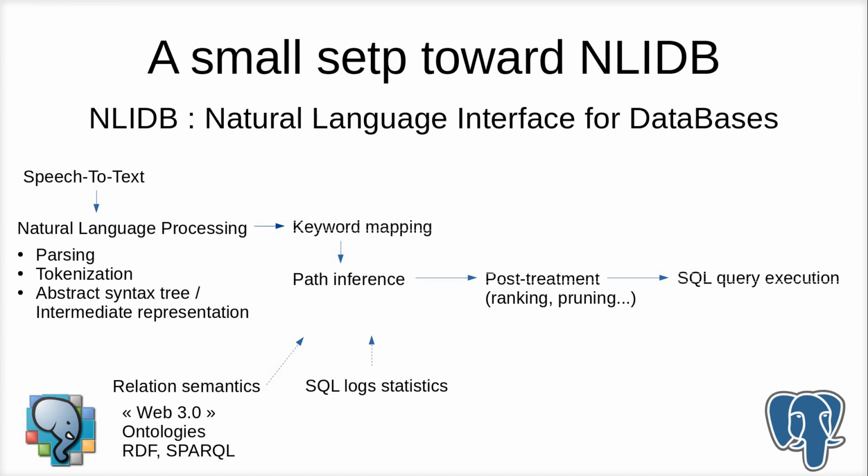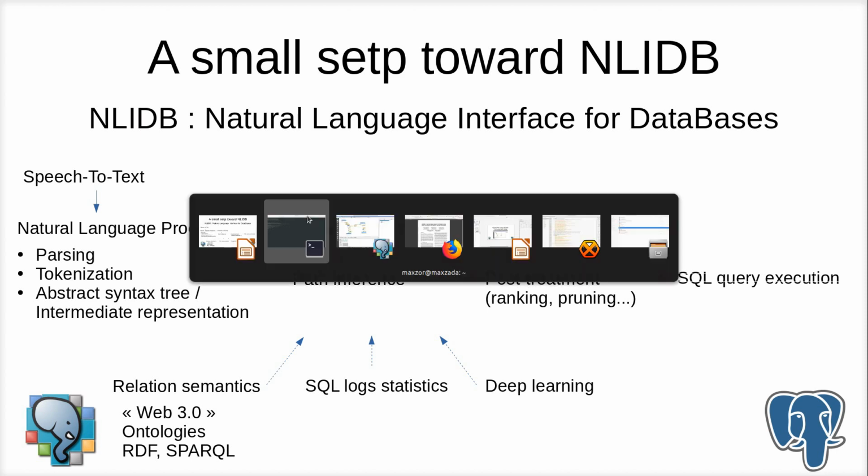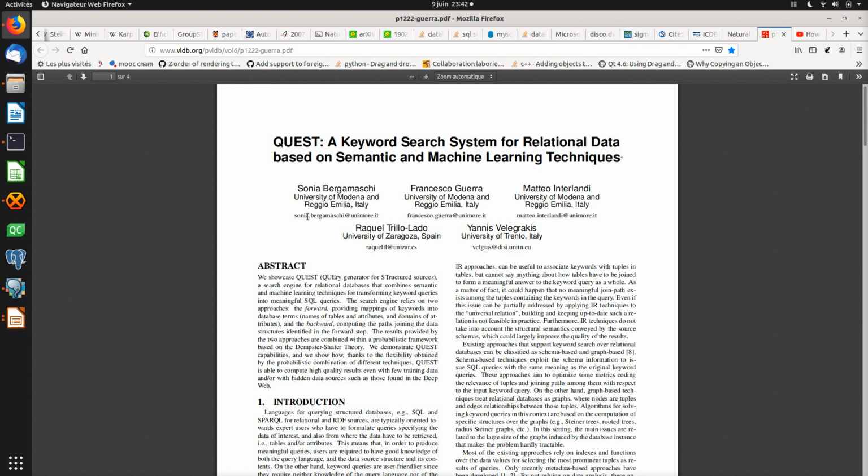Some others use SQL logs to produce better results. And of course, there have been attempts in 2019 at machine learning and deep learning on that topic. I'll provide links in the video description on those white papers if you're interested.